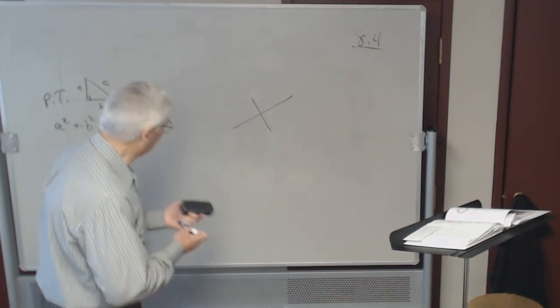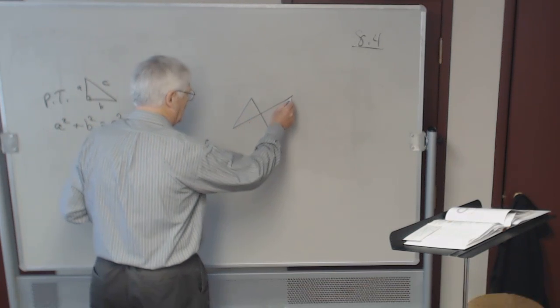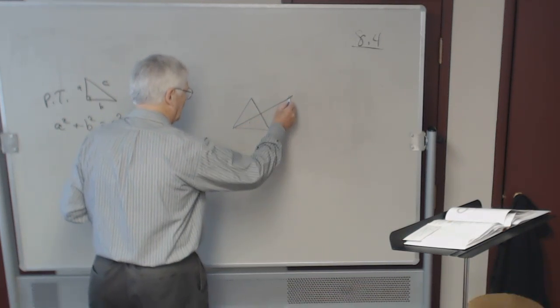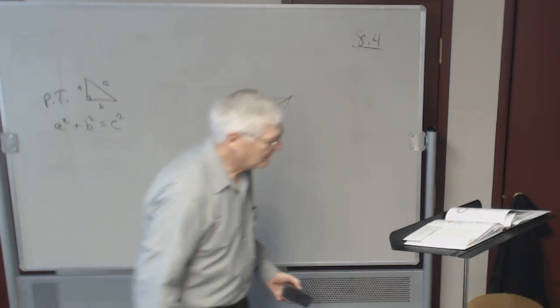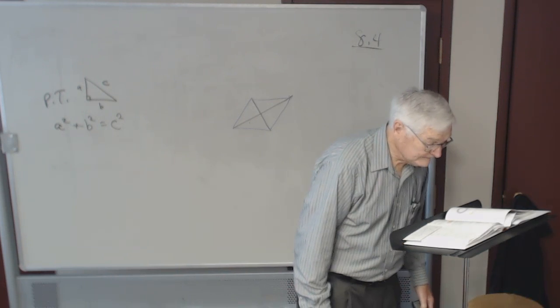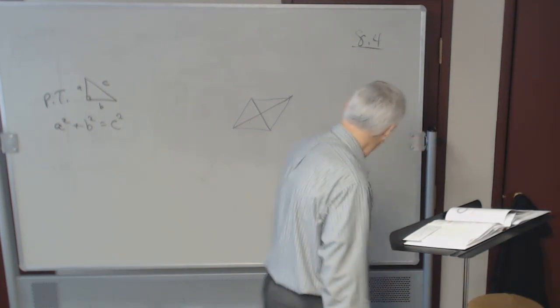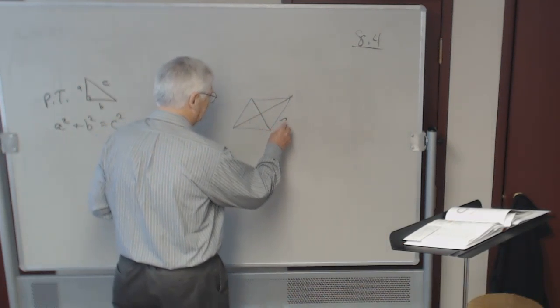And there's the rhombus right there. What do they want to know? Find the length S of the sides of the rhombus. They want me to find this right here.